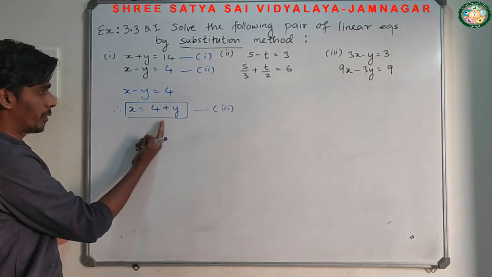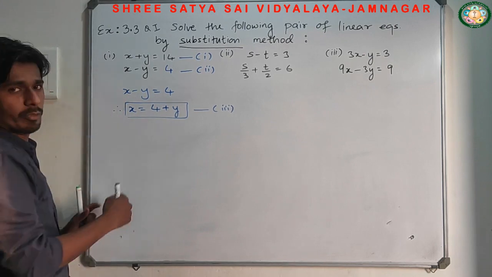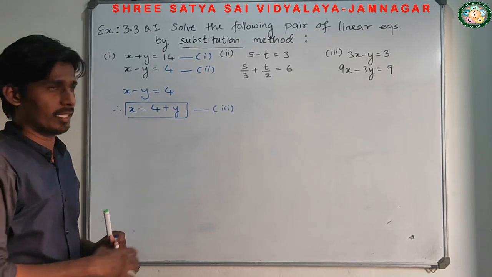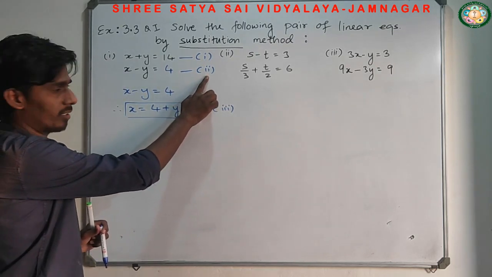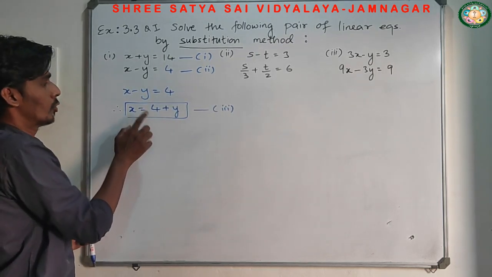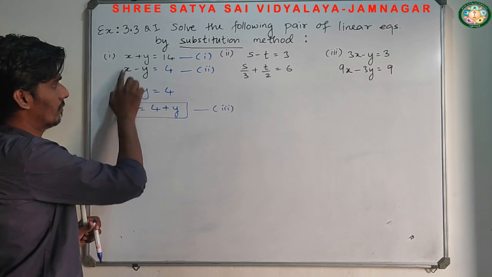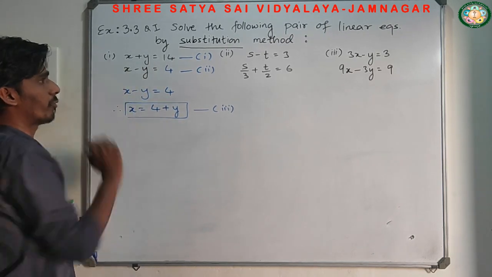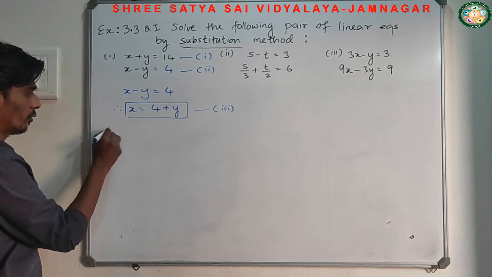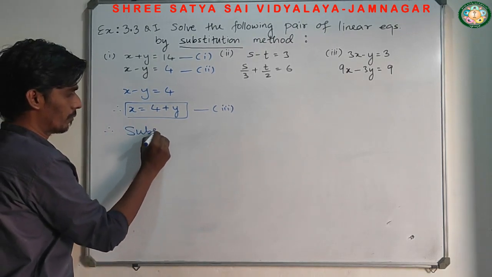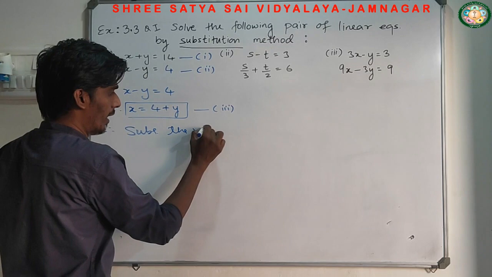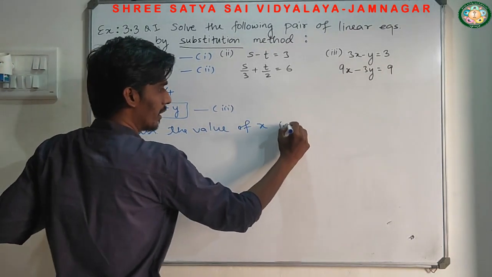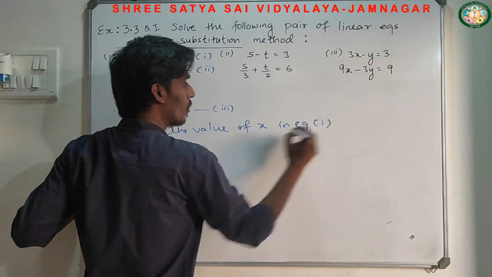Now I have to substitute the value of x in the other equation. The equation I used to get x, I can't replace the value in the same equation. Here I am using the second equation to get the value of x, so I have to replace this value in the first equation. So I write: substitute the value of x in equation 1.